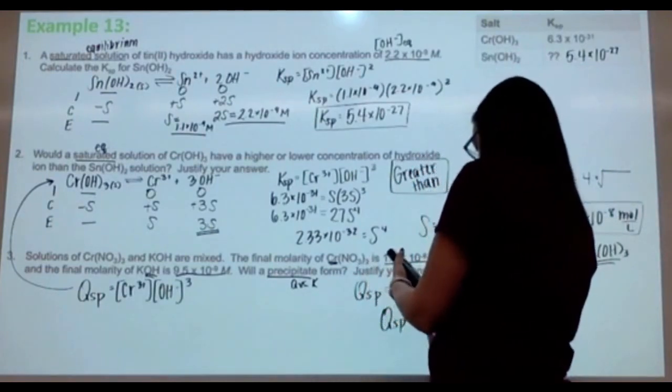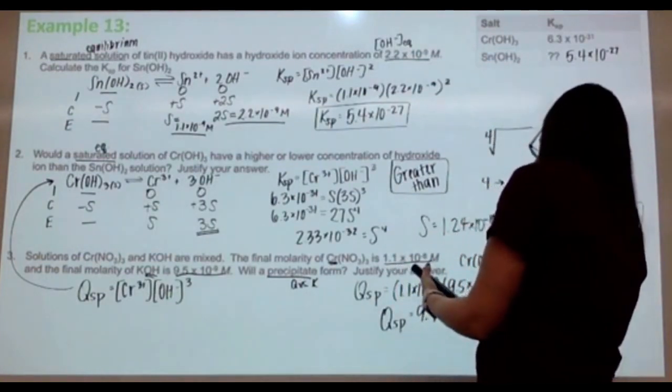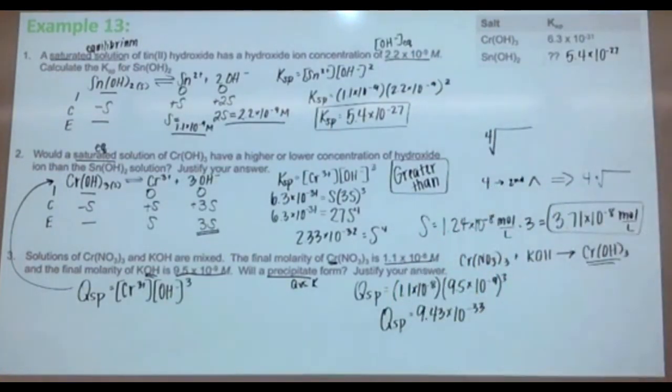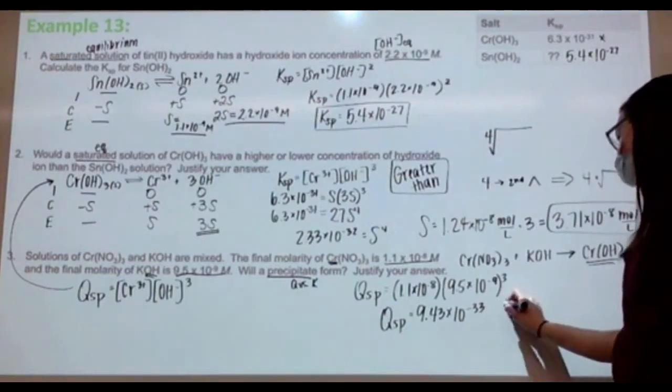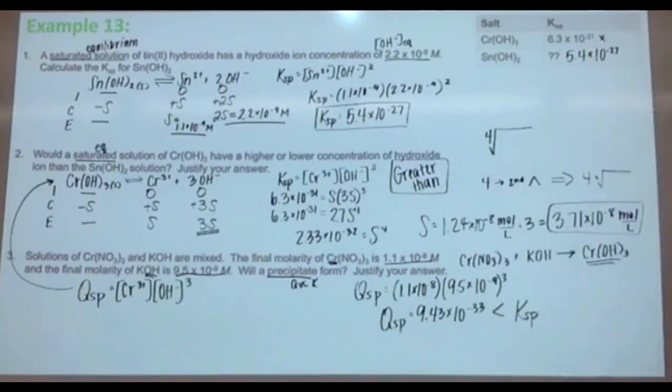So QSP is 9.43 times 10 to the negative 33rd. Compare it to K up here. How does Q compare to K? It's less than. So that actually means there aren't enough ions.